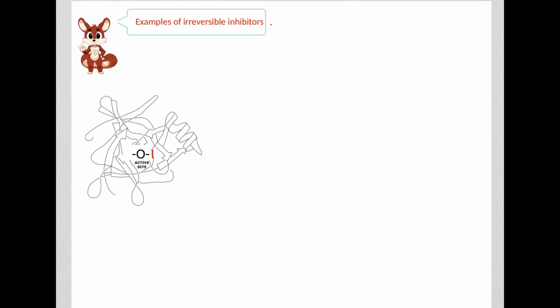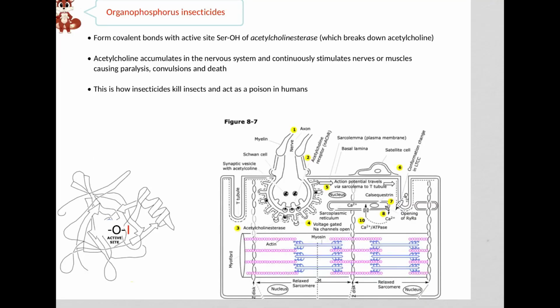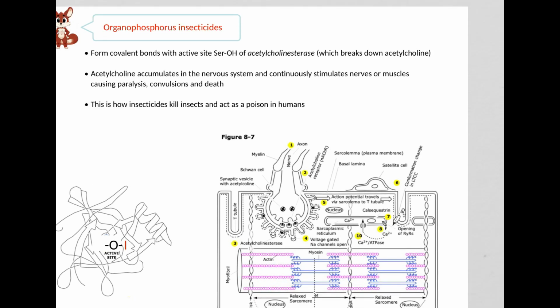Let's look at a few examples of irreversible inhibitors. The first example we'll talk about are the organophosphorus insecticides. These organophosphorus insecticides are irreversible inhibitors of an enzyme called acetylcholine esterase.